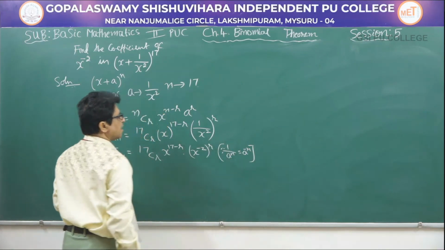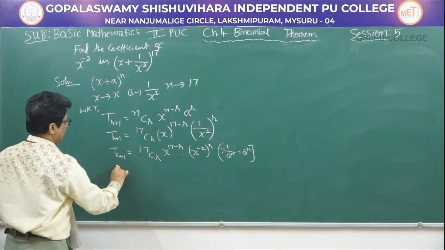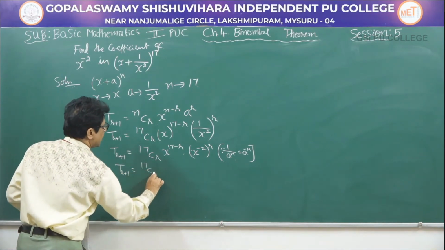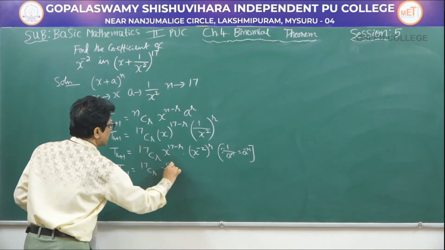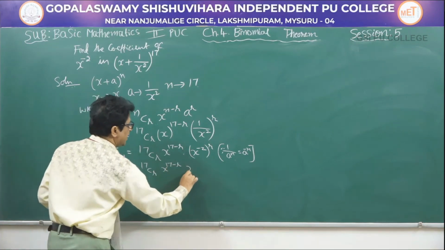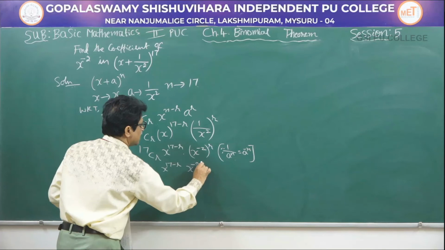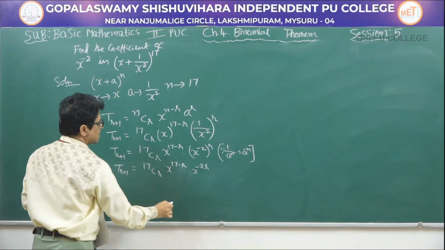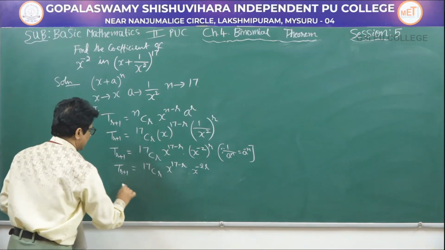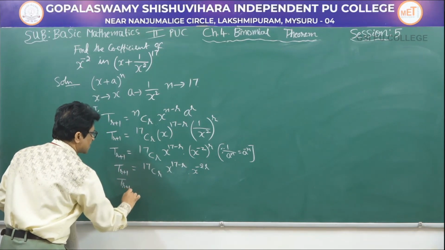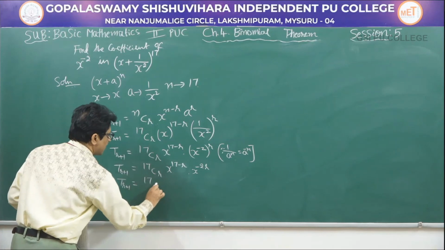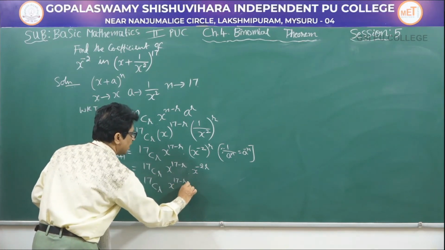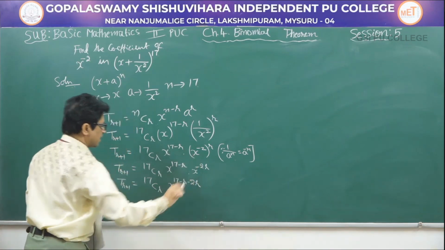This is by laws of indices. So, T(r+1) will be equal to 17Cr into x^(17-r) into x^(-2r). This is of the form a^m into a^n, that is a^(m+n).